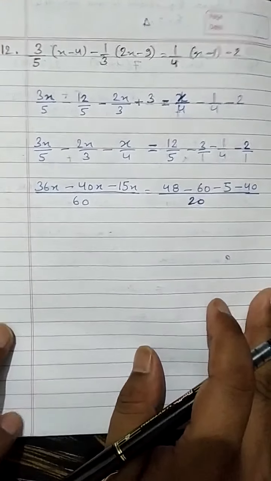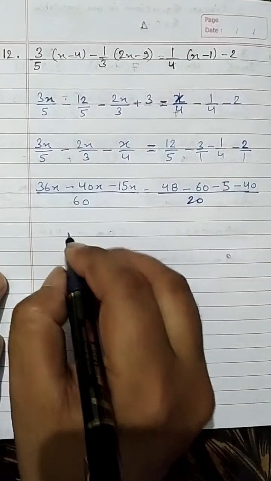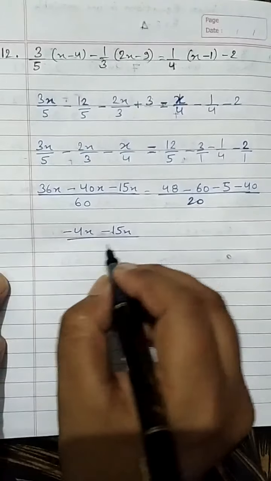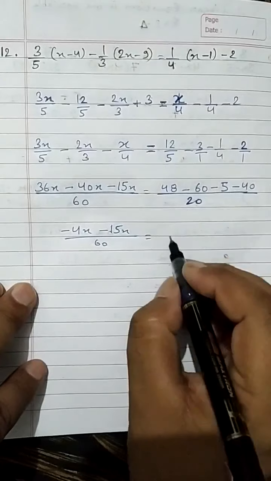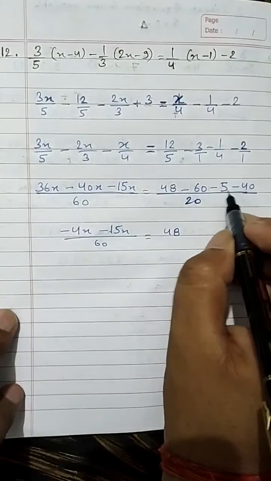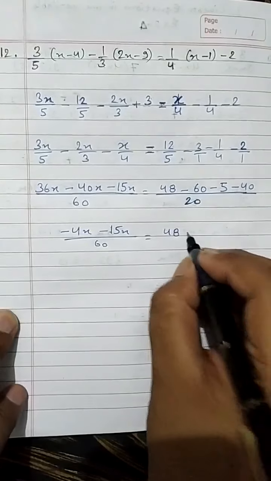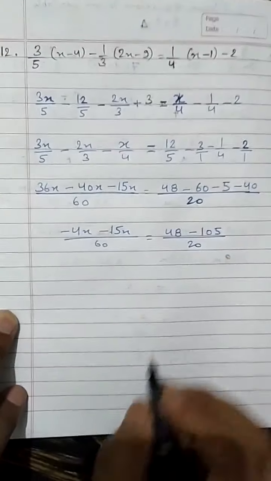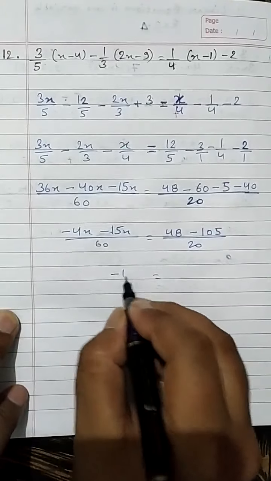Now 36 minus 40 gives you minus 4, minus 15 gives you minus 19x. 48 will be here. 60 plus 40 gives you 100, and 100 plus 5 gives you minus 105.